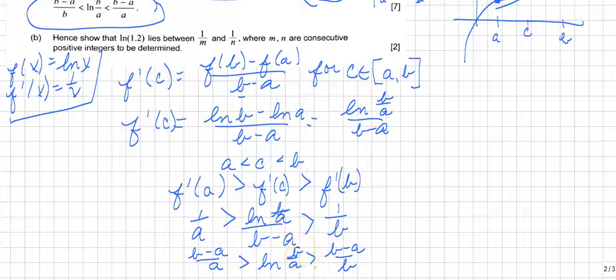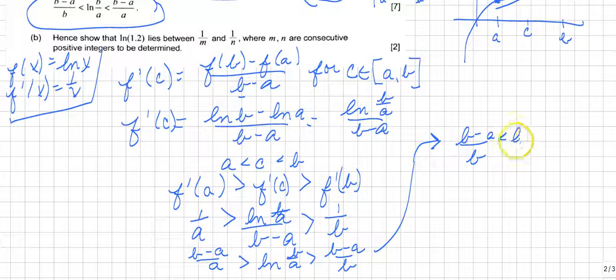Well, that's pretty darn close to what we were trying to get, except the ends are different. But if you look at the inequality signs, if we just reverse everything and flip it, we're going to have what we're trying to get. So yeah, we've got it. It just needs to be reversed. So b minus a over b is less than the natural log of b over a is less than b minus a over a.